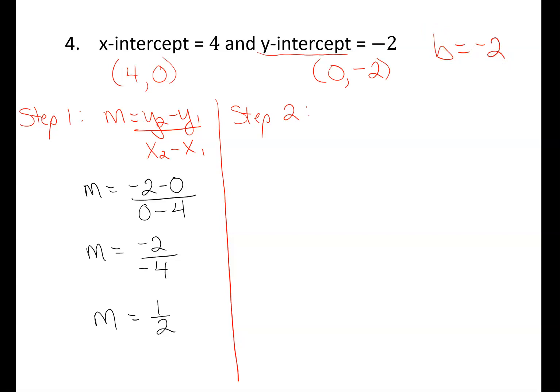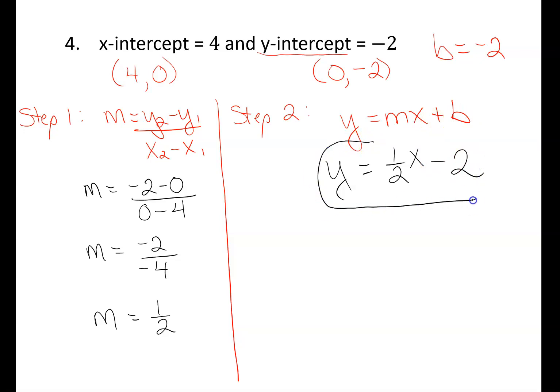And if I know b, I can use the shortcut and go straight to y equals mx plus b. Then I just substitute. In place of m, I'm going to put the 1/2 that I just found. Don't forget to write the x. And then b is -2. So rather than writing plus -2, you can just write -2. And that is the equation in slope-intercept form.